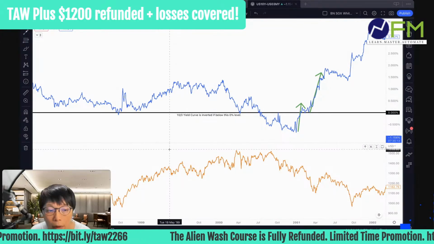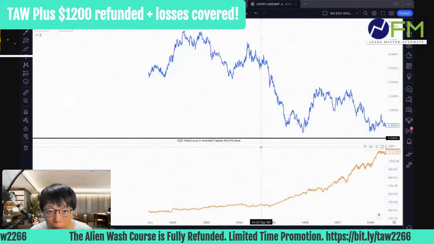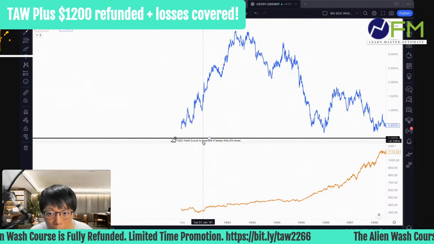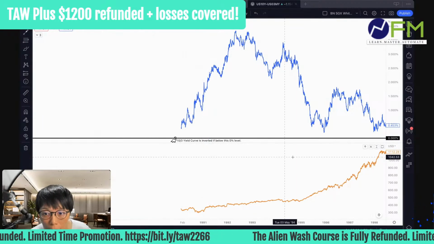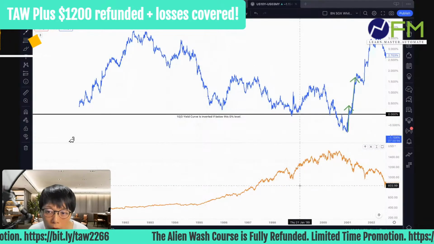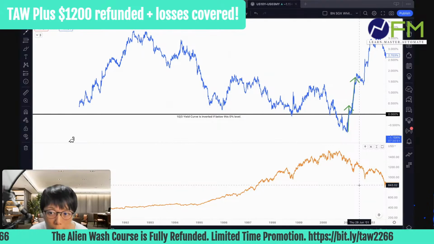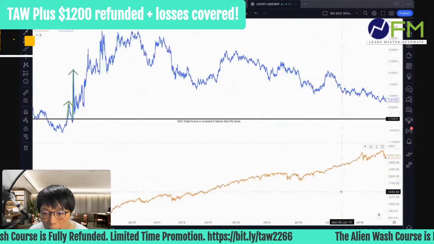My data wouldn't go back further, but if you look at what happened in the earlier period, it also shows the same thing. I have another data source that shows the same thing in terms of the steepening of the curve followed by the crash of the market, especially the stock market. Now, let's go back to the current data.